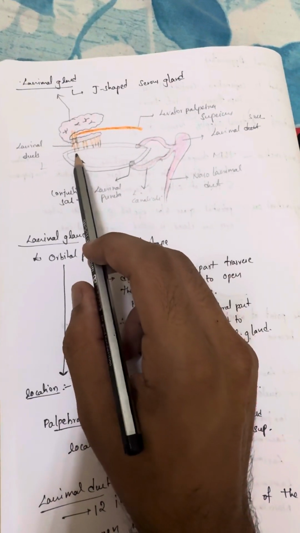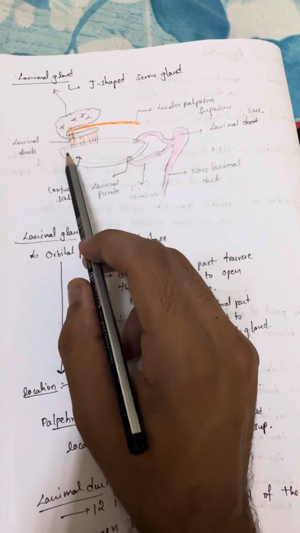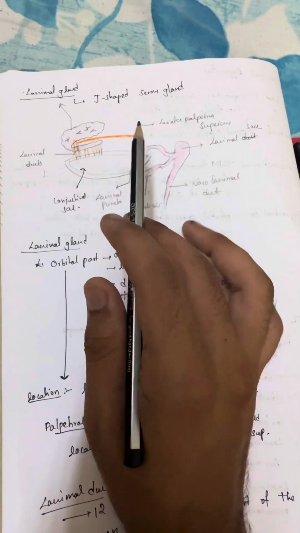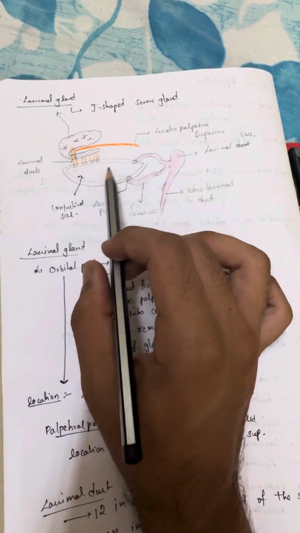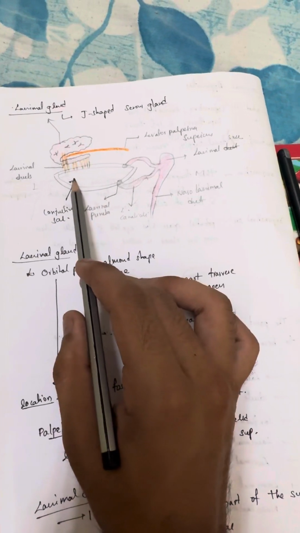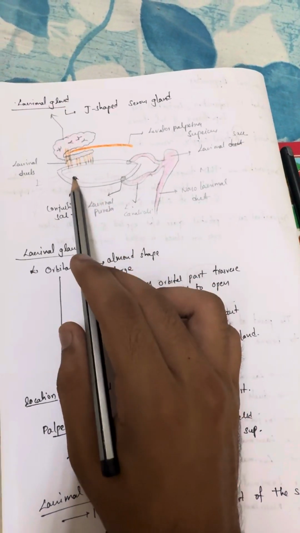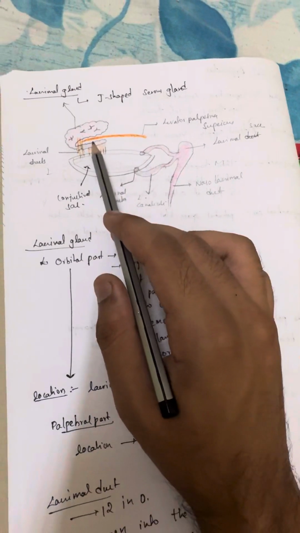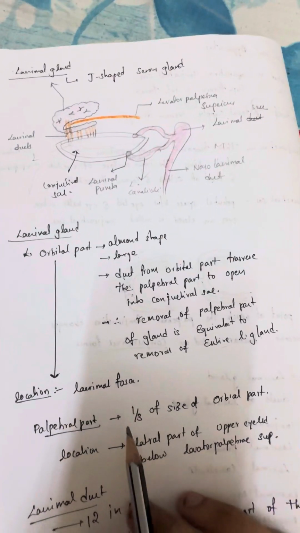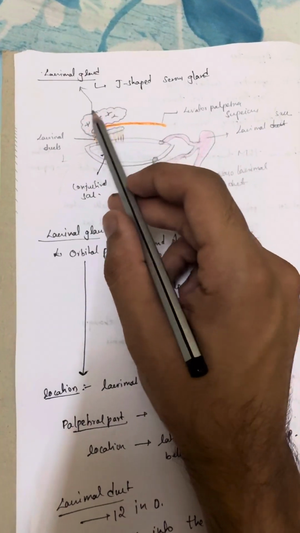But if you are sleeping, the tears will flow directly from the lateral side, because of the lacrimal duct present nearer to this, and it is due to the arrangement and the position of our body. So that's all about the orbital part.